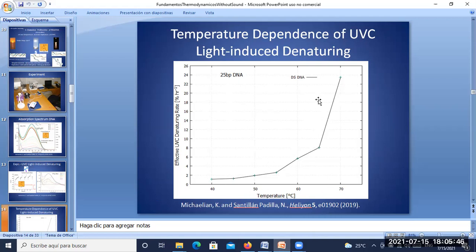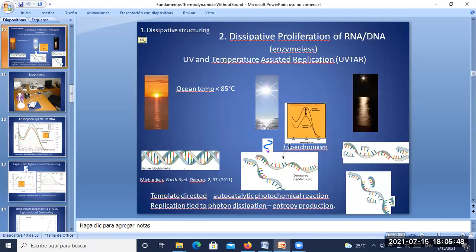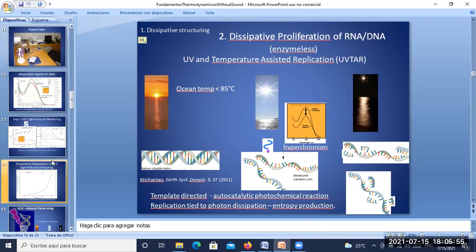So the greater the temperature, the greater this effect on the ocean surface of denaturing. So that is in fact what we want. We want in the daytime that we get greater denaturing than in the nighttime. In the daytime, the temperature of the ocean surface is warmer. And also we don't have any ultraviolet light at night.